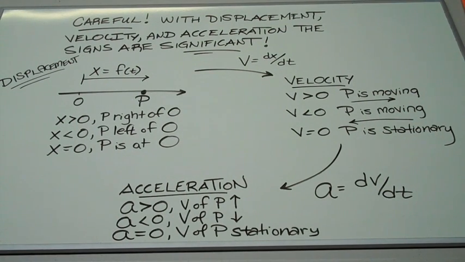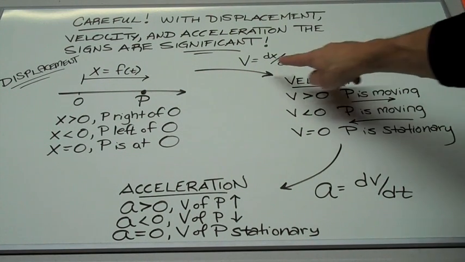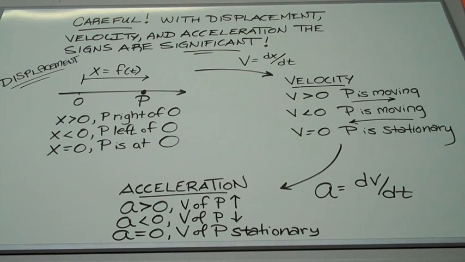That means P is to the right of O. If x is less than 0, in other words, if our displacement is negative, that means P is to the left of O. And if x, the displacement, is equal to 0, that means that P is at our point O. Let's consider now velocity, which is the derivative of our displacement. If velocity is positive, we see that that means that P is moving to the right. If velocity is negative, that means P is moving to the left. And if velocity is equal to 0, that means P is stationary.